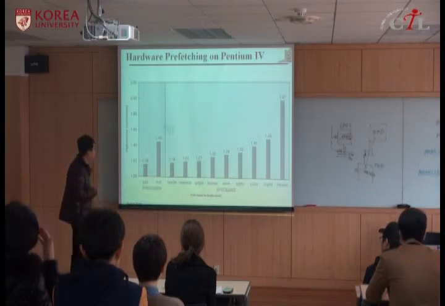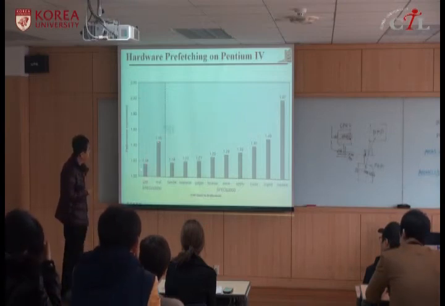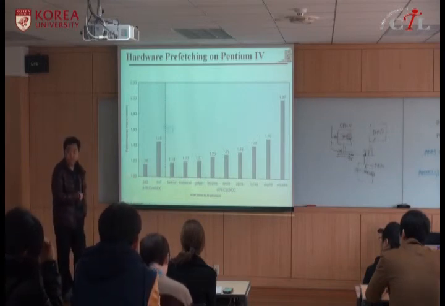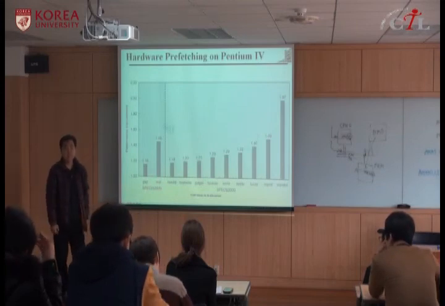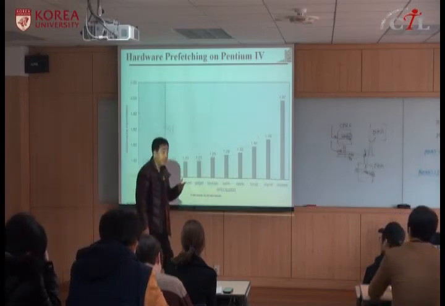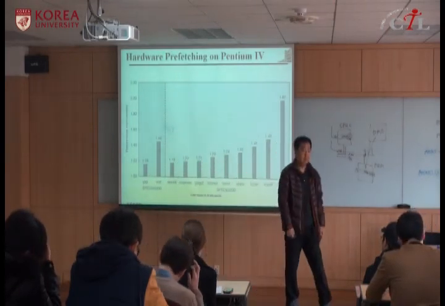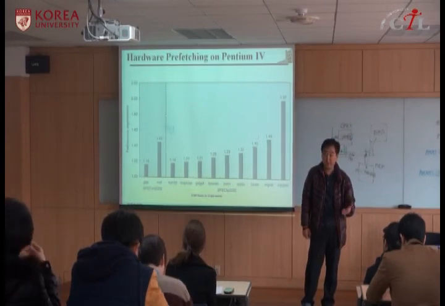Okay? For integer, these two applications have 16% and 45% improvement, but for other applications it's lower. There are other 15 integer benchmarks, but they did not show the figures. Overall, this hardware-based prefetching of the next sequential block, ISB, instruction stream buffer, has a very good impact on performance. Okay? So it's better to be used.